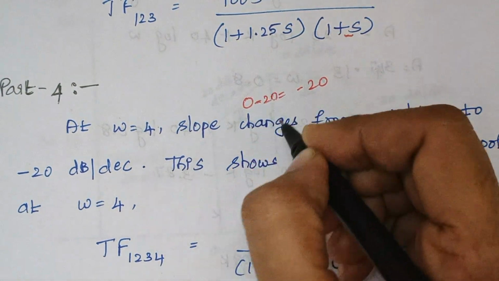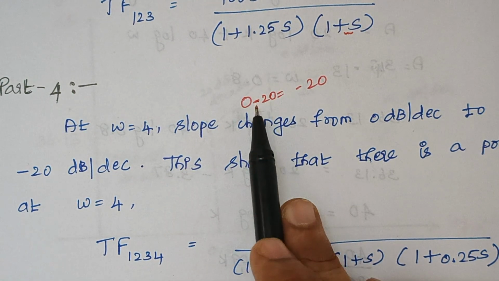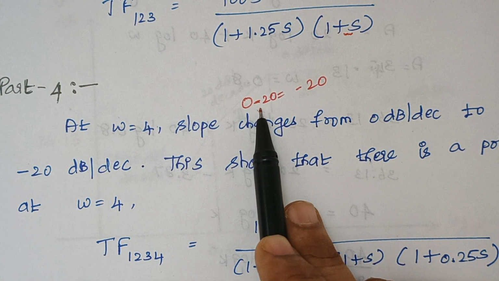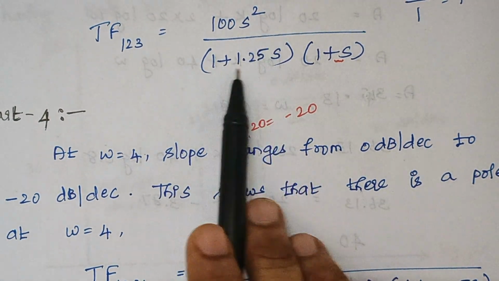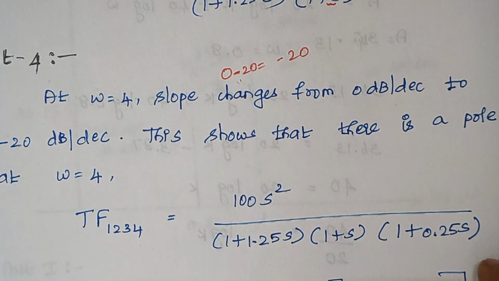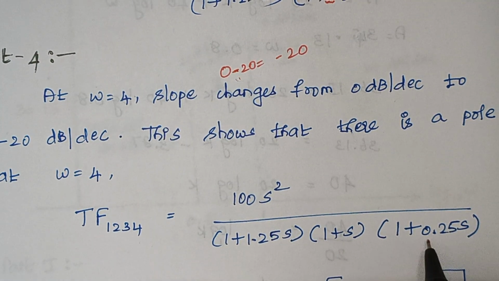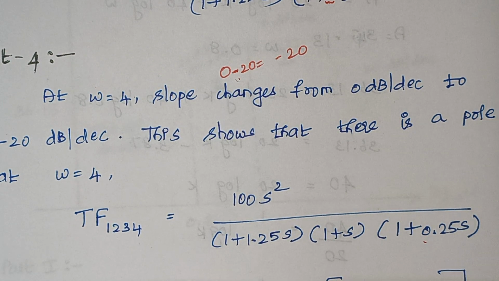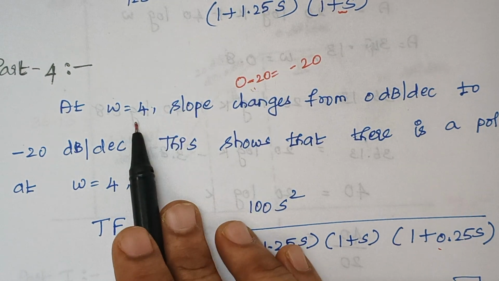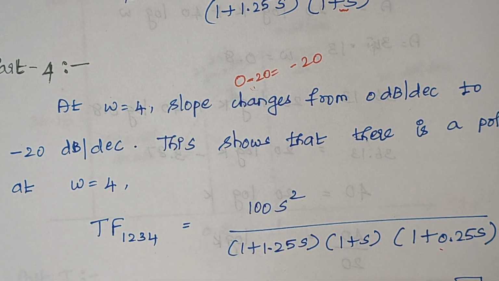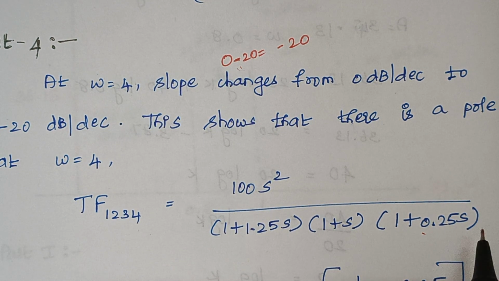Here we have to include minus 20. This minus 20 indicates that there is an s term in the denominator part. So you write the remaining 3 terms as such. Here again we have to include 1 plus some number with s. How to find this number? You have to take the reciprocal of this frequency. So 1 by 4 gives you 0.25. So finally I had written 1 plus 0.25 s.